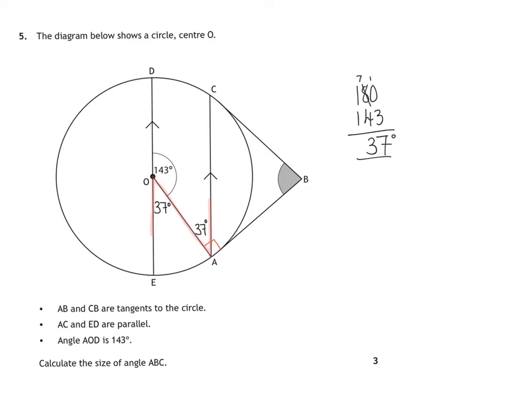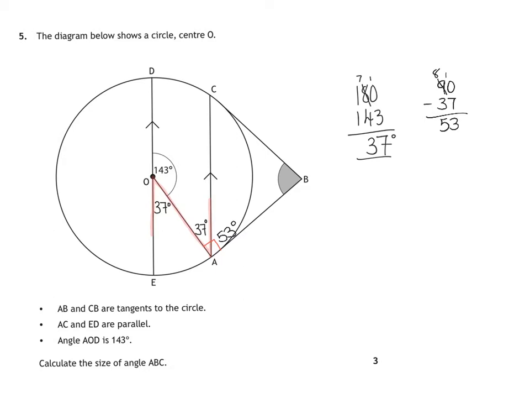So we know that these two angles in here, so OAC and CAB, are going to have to add up to 90 because of the tangency there. So that means that this angle in here is going to have to be 90 take away 37. So we get 53 degrees in there.